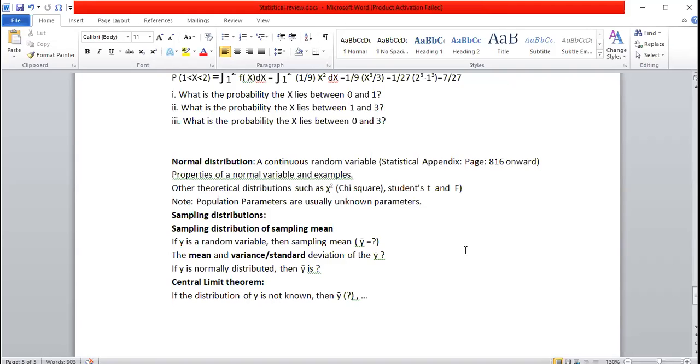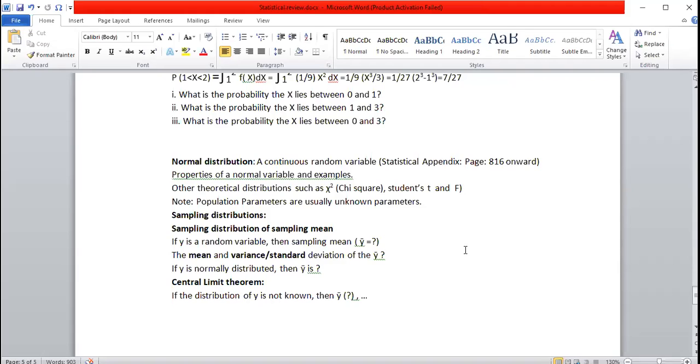If y is a normal variable, a random variable which is normally distributed, how many values can y take? Y can take values from negative infinity to positive infinity.